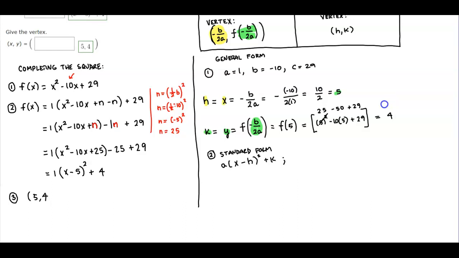We know from above that a is equal to 1, h is equal to 5, and k is equal to 4. So now let's go ahead and plug that in. So we have 1 times x minus 5 squared plus 4. And then the vertex, again, which we've already found at the beginning, is equal to 5 and then 4.